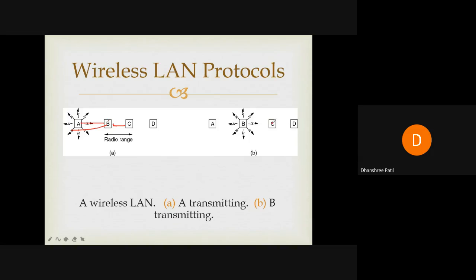So falsely C concludes that I can't communicate with D also. Such problems are called the exposed station problem. Okay, these are the problems which arise if CSMA is used in the wireless LAN.